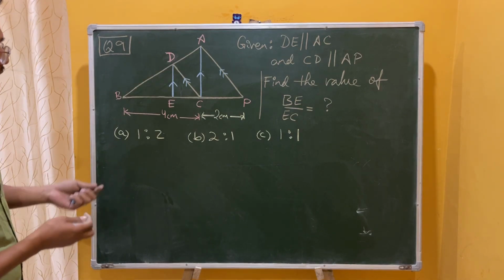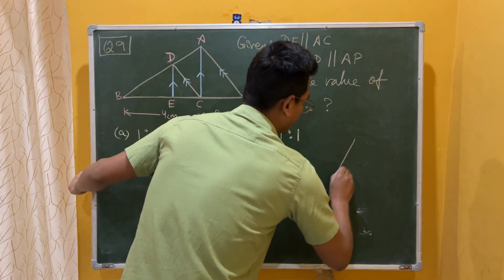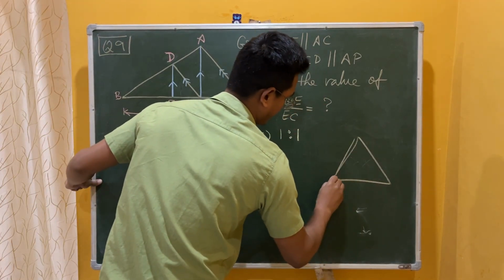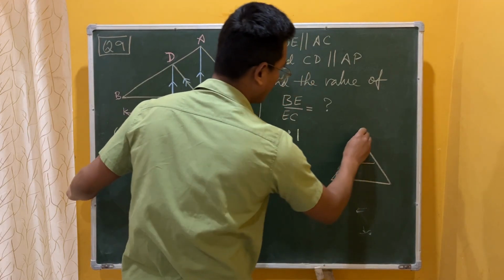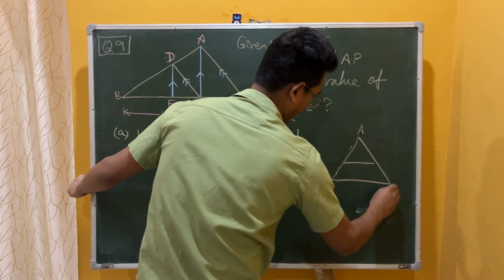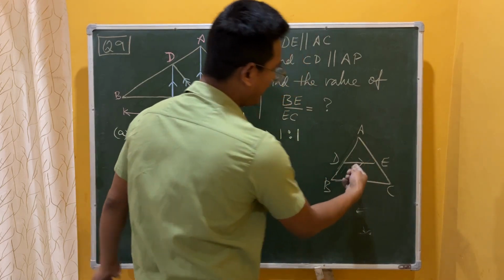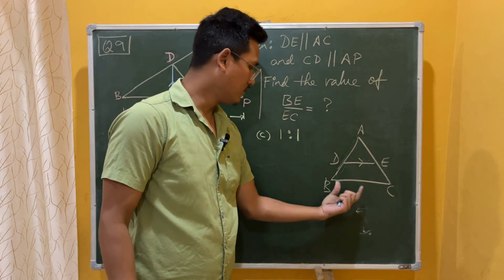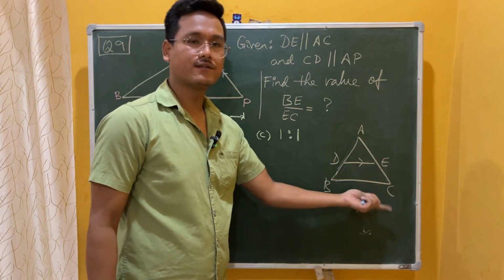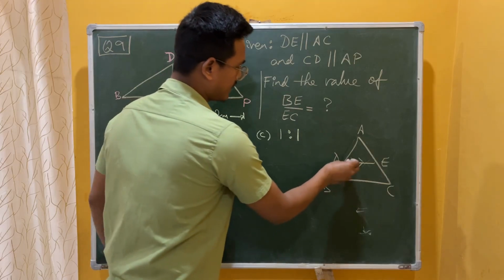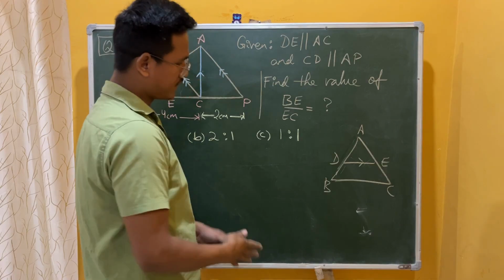Okay. So this will take a little bit more time. So you know the idea of basic proportionality theorem, right? What does it say? It says that if a line, let's say DE, is parallel to the side BC, if a line is parallel to one of the sides of a triangle and it intersects the other two sides at distinct points, then the two sides are divided in proportion.